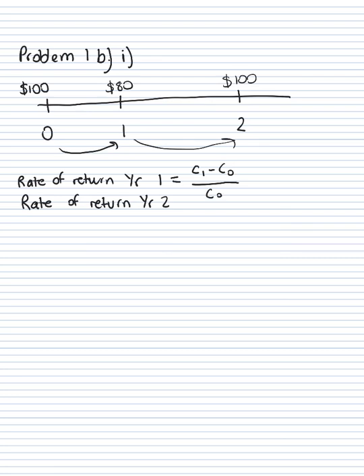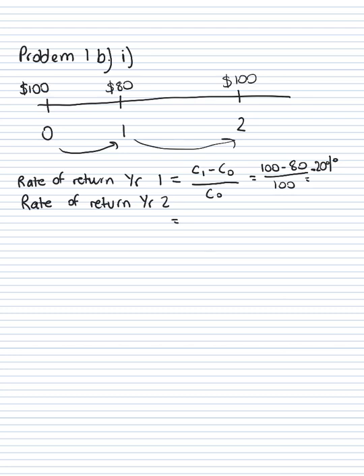So that's basically saying the change in investment divided by the beginning investment will give you the rate of return. So that's 100 minus 80 over 100. So that is minus 20%.